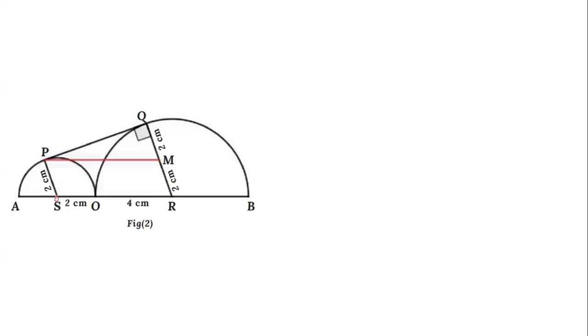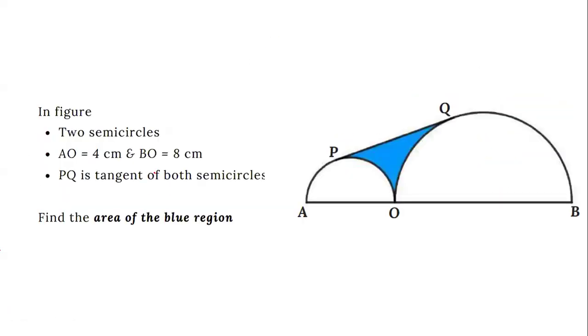Now see this figure. This is the center and this is the tangent, and if we draw a perpendicular, this is equal to the radius, which is 2 centimeters. In the problem it is given that AO length is 4 centimeters, so if this is the center, this whole thing is equal to 2R, 2 times the radius.